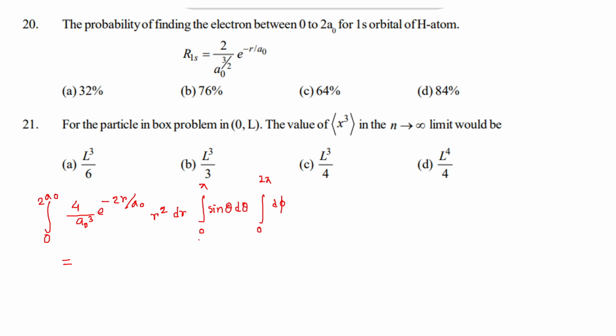Eventually this is going to lead you to 4 pi, which is a constant, and you have outside 4 by a0 cube, and then the integral from 0 to 2 a0 of e to the power minus 2r by a0 r squared dr. This is actually a standard integral from 0 to infinity.